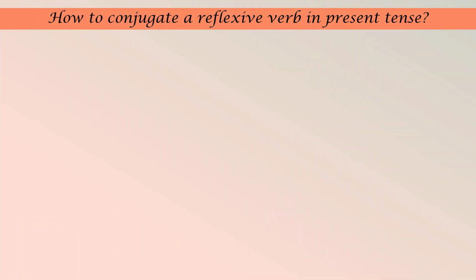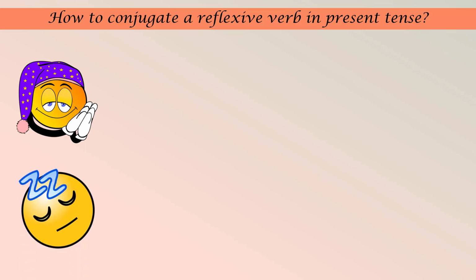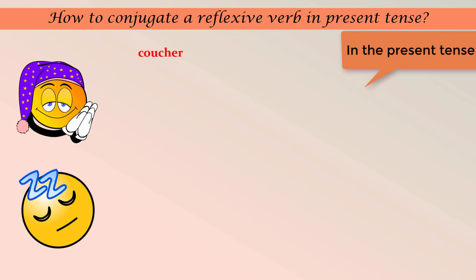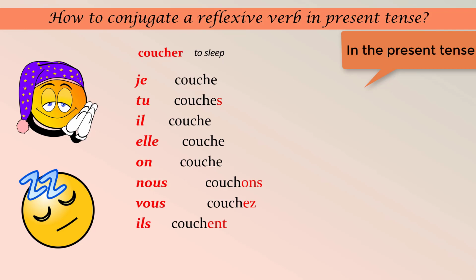How to conjugate a reflexive verb in the present tense? Let's take as an example the verb coucher, which is a regular er verb. Je couche, tu couches, il couche, elle couche, on couche, nous couchons, vous couchez, ils couchent, elles couchent.